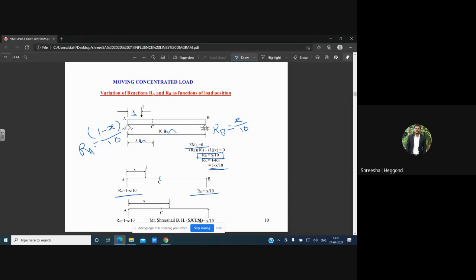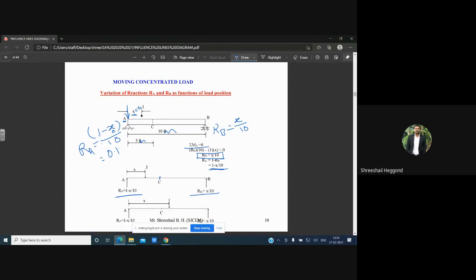If x is equal to 0, which means the load is acting at this point only, the distance is 0, so it is acting at the first point. The reaction at this point will be 1 minus 0 divided by 10, that is 0.1 RA.